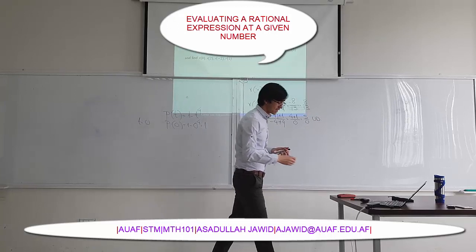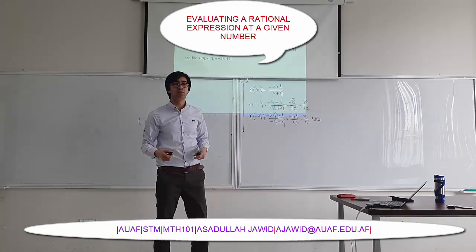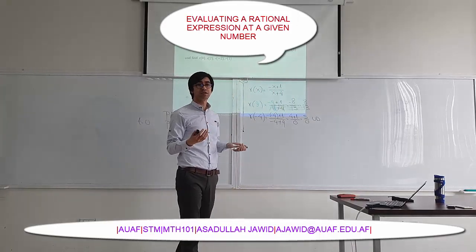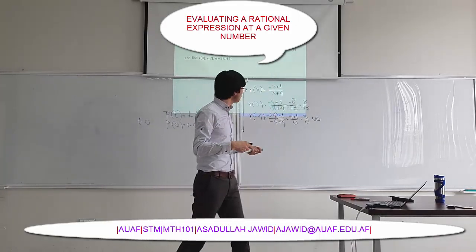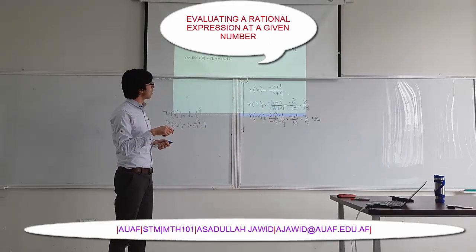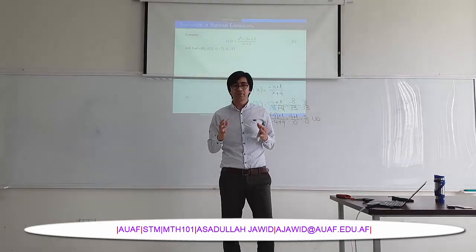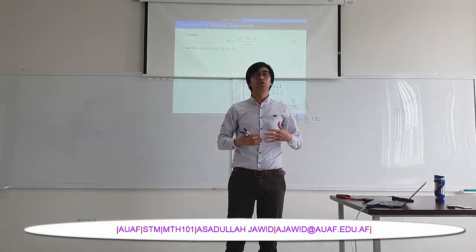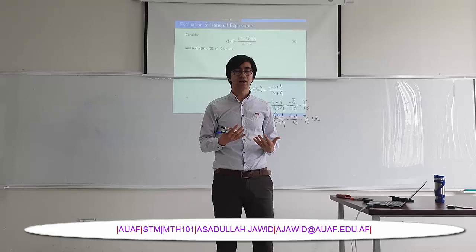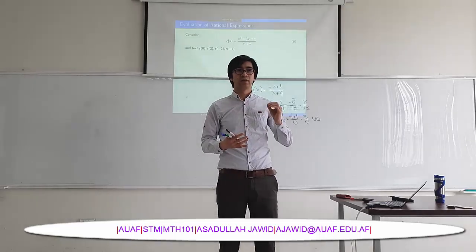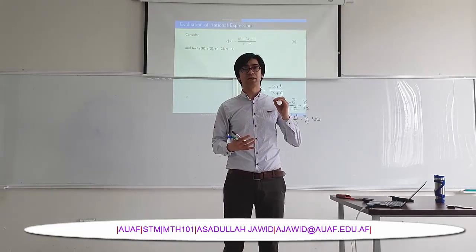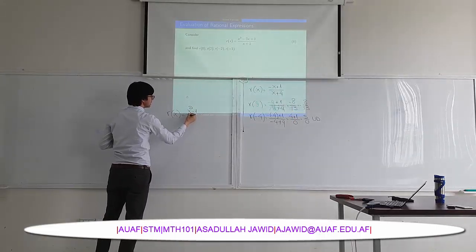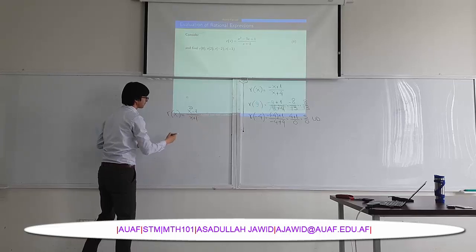This means that we cannot evaluate a given rational expression at all numbers. There are certain numbers, one or more, at which we cannot find the value of the rational expression. As we have seen, in some numbers we cannot evaluate a rational expression, and those are the values of x which make Q of x, the denominator, equal to 0. Consider the expression R of x equal to x squared minus 1 divided by x plus 1.